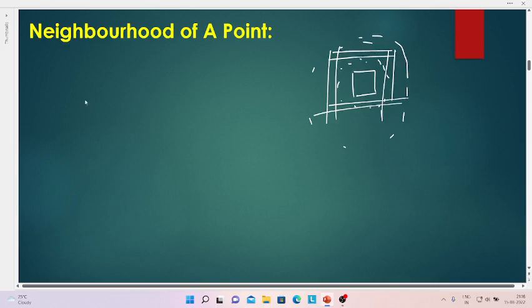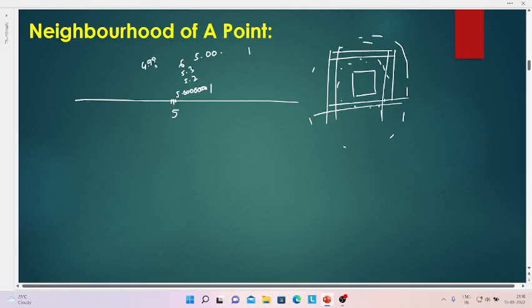Similarly, neighborhood of a point means, suppose this is a real line and you have a point, suppose you can choose 5 as a point. The neighborhood of a point means the very closest values of 5. It may be 5.00000001, it may be 5.2, it may be 5.3, it may be 6, it may be 4.99999, it may be 4, it may be 4.2, right?